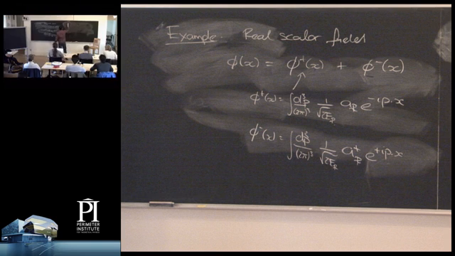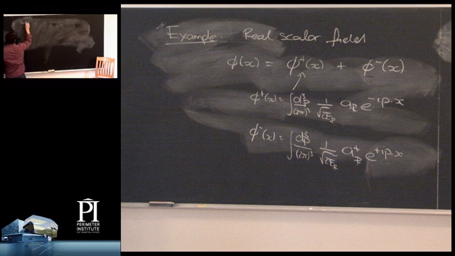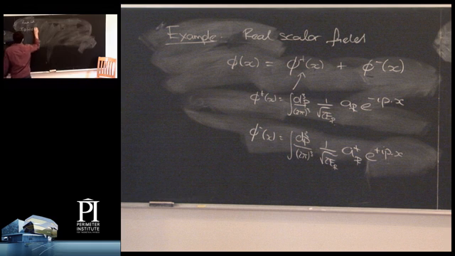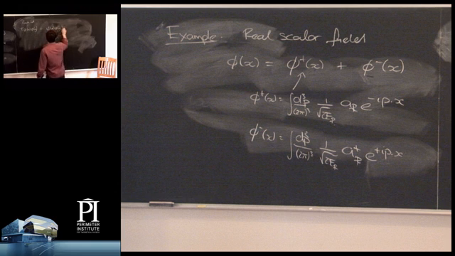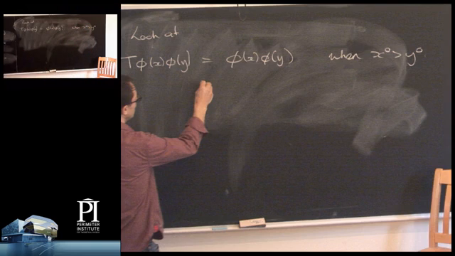So a time-ordered operator is this. Obviously, whether this is phi x, phi y, or phi y, phi x depends on which comes first, x or y. So let's just make a choice and go through for that choice. This is phi x, phi y, when y comes first, so when x0 is greater than y0.